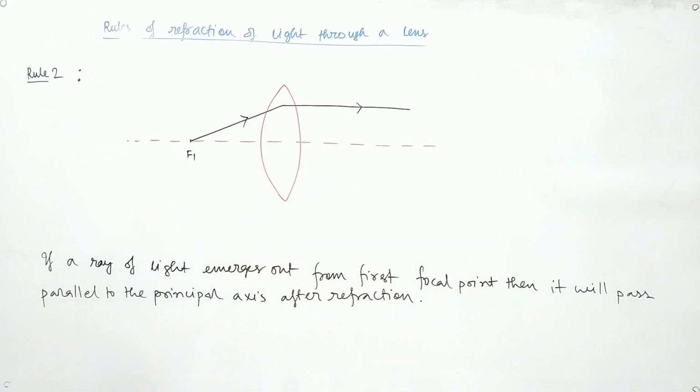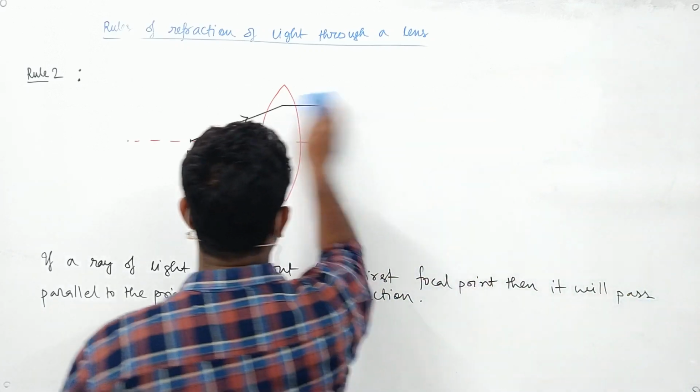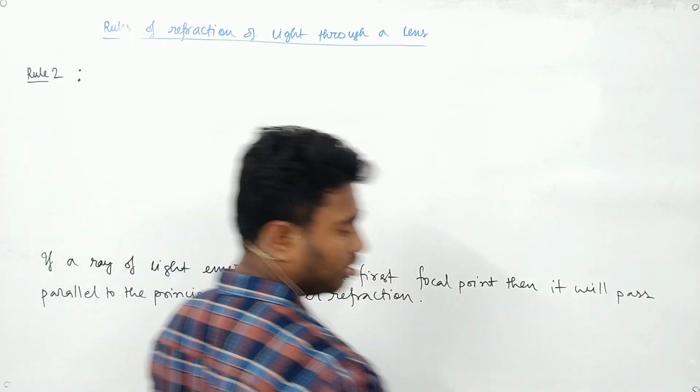Okay, if a ray of light emerges out from the first focal point, then it will pass parallel to the principal axis after refraction. Okay, now what will happen if I replace this one with a concave lens?